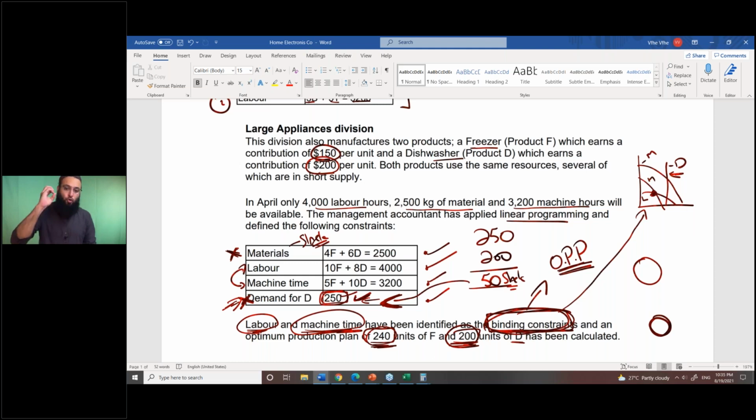Underutilization means that you could have made 250, but you made 200 because of the binding constraint of labor and machine. You don't have more machine and labor available. Okay? So yes, there is a slack of 50 units. Very obvious. Even if units were not given, you could have figured it out, because you know the lines of optimum were labor and machine only. The other lines, there will be slack for sure because the optimum answer is not there.